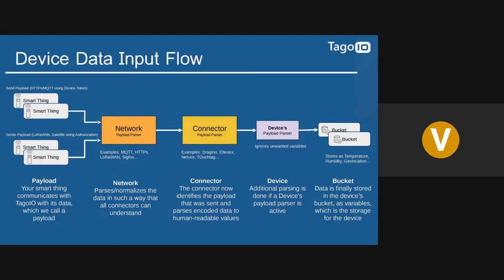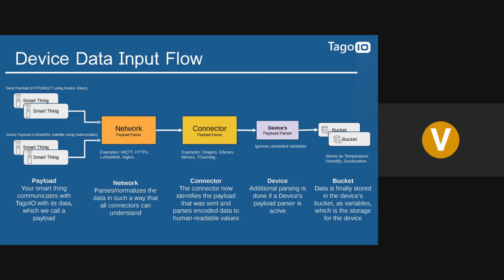For example, if you send a CSV or a buffer or something like that to TagoIO, the network will understand this buffer and give you a result in a JSON format with variable, value, etc. And it normalizes this information and passes it through to the connectors.